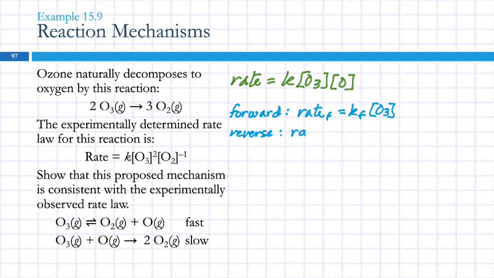And then the reverse rate, we'll call the constant KR. What's going to go here? The concentration of O2 and O. Right?